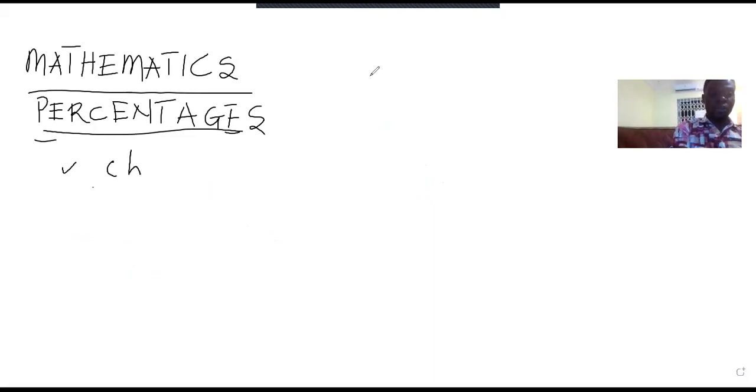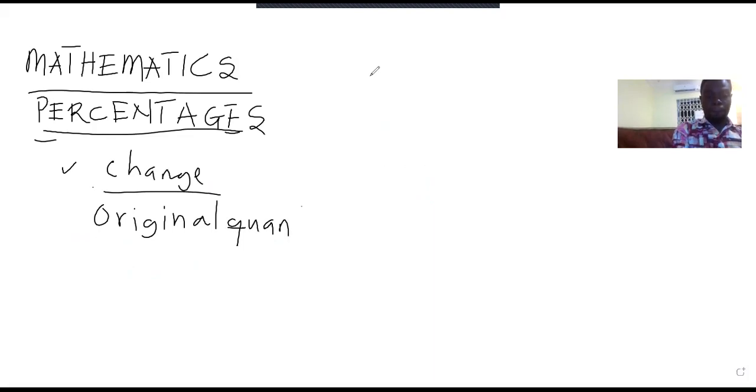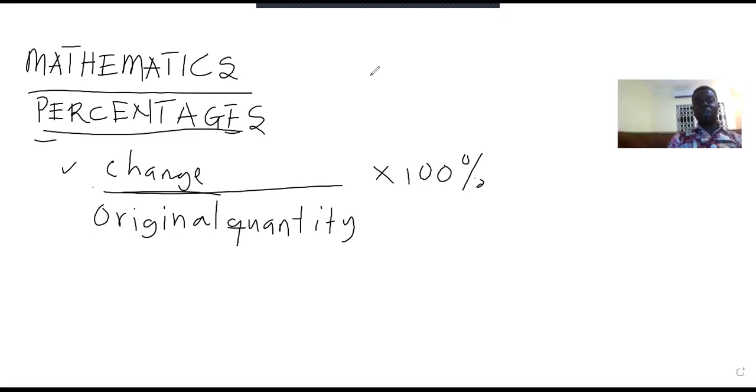So the change over the original quantity times 100%.